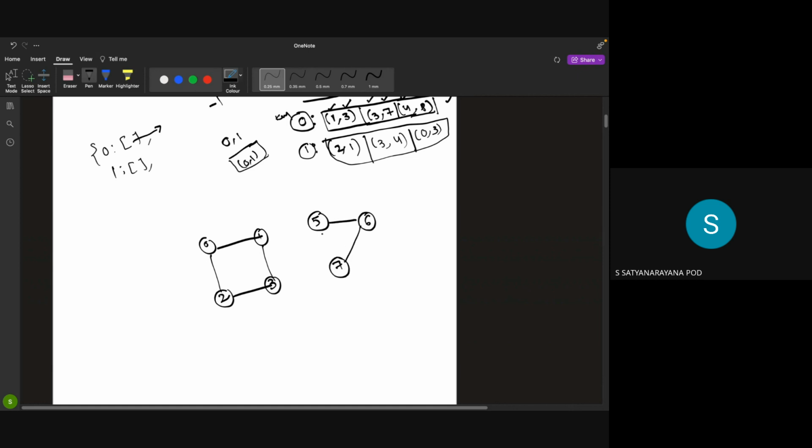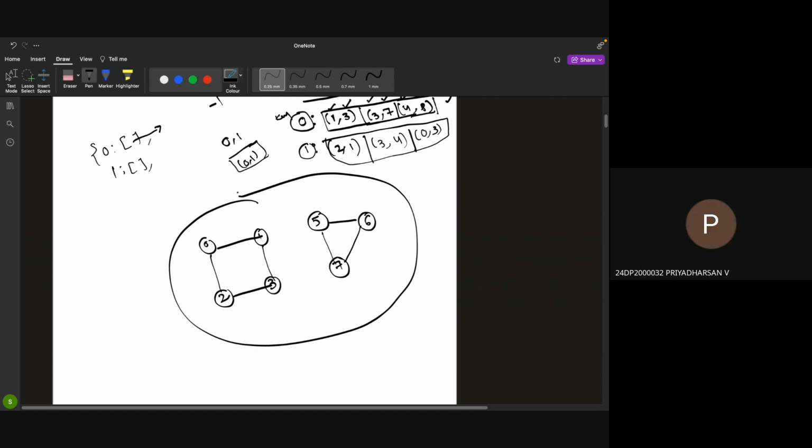All of these, 0 to 6, belong to the same graph. Am I right? But these are disconnected components.